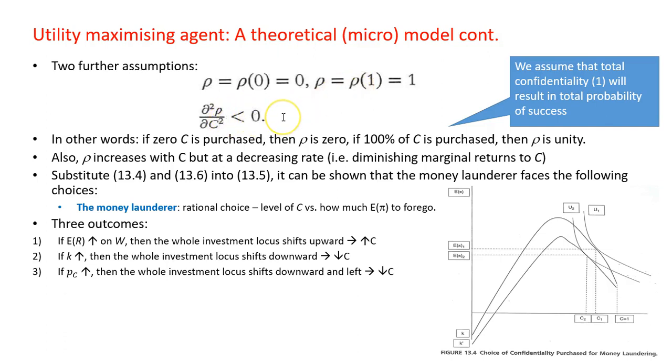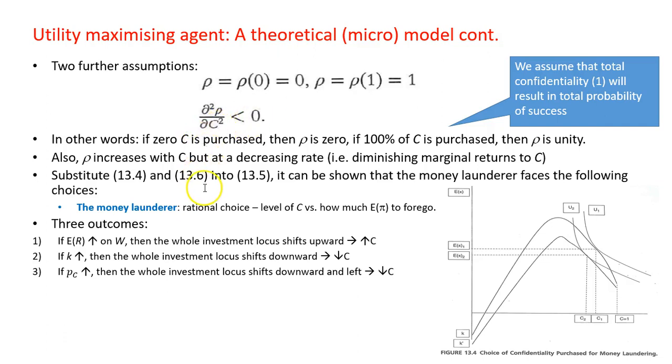And this assumption is saying that the higher the probability of legality, the higher the confidentiality, which we've said before, but that the rate of change decreases, so the increase in confidentiality that you purchase increases your probability of legality, but at a decreasing rate. So diminishing marginal returns to C, for those familiar with the language of economics.